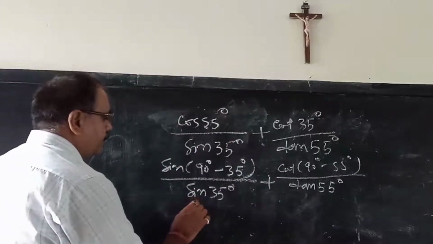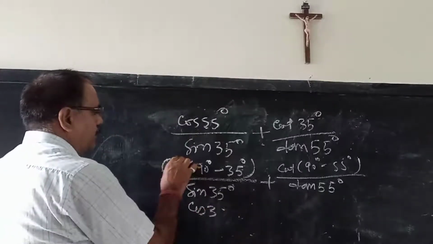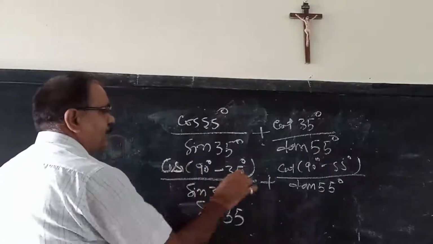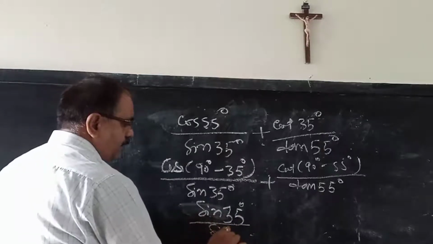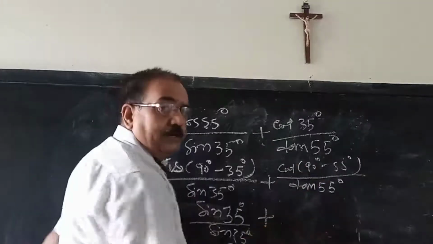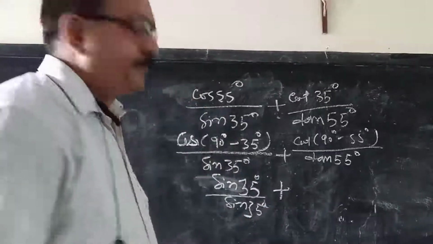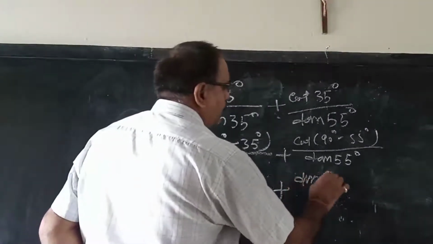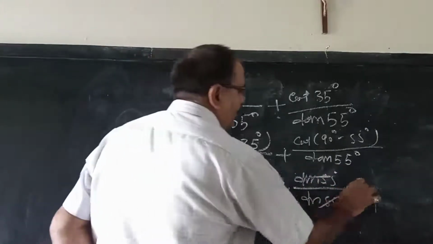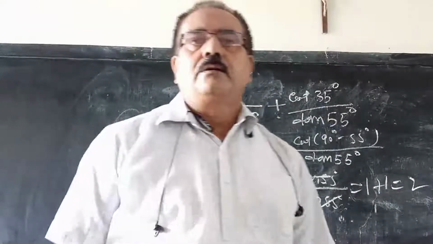So cos 35 degree by sin 35 degree, sorry, it is given cos 55, so it becomes sin 35 degree by sin 35 degree, plus cot(90 minus 55), which is tan 55 degree by tan 55 degree. Cancel, that is 1 plus 1, that is 2. 2 is our answer. Do you follow?